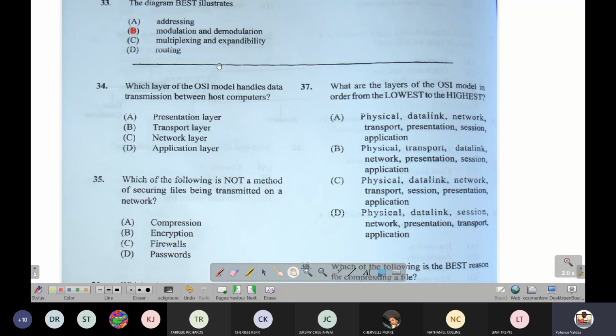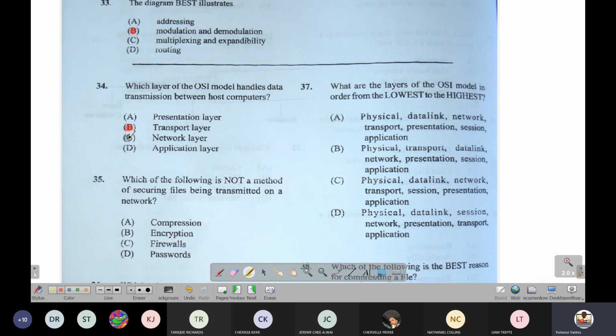If you are transmitting between two computers on the system, then you have the transport layer, where you want to make sure that there's end-to-end transmission that is error-free. So you have the transport layer.